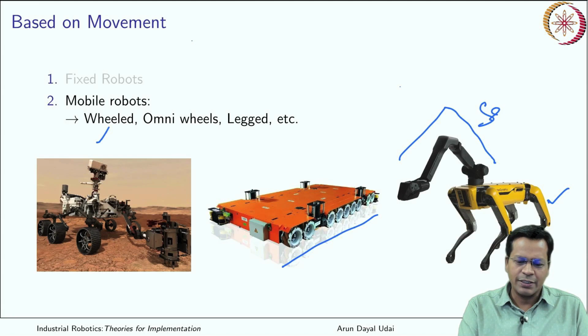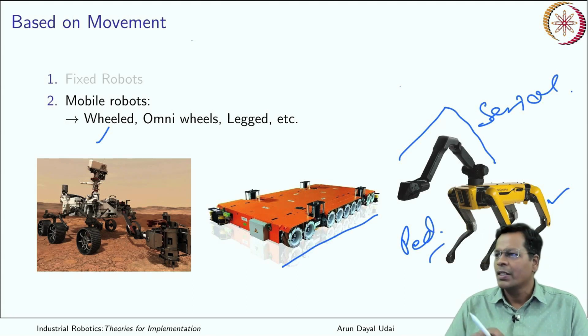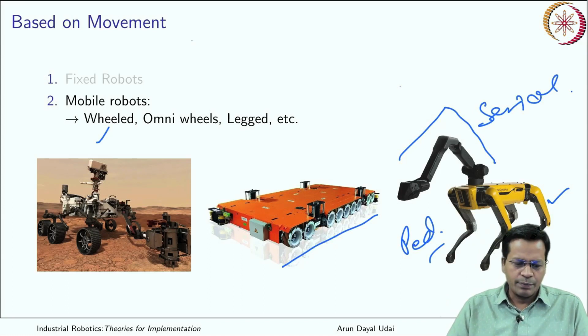So it is a serial chain, and it has four legs. All these are mobile robots. They are not fixed to any place and they can move anywhere in your location, right?